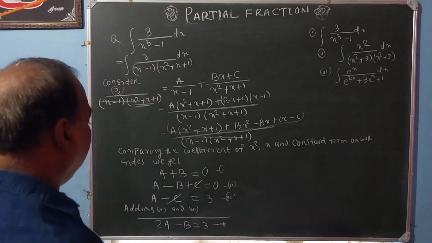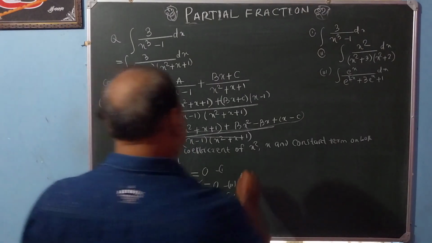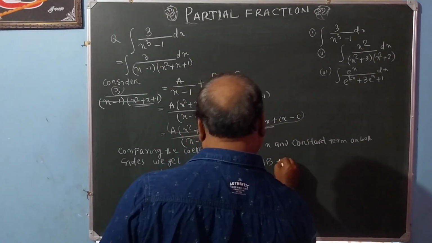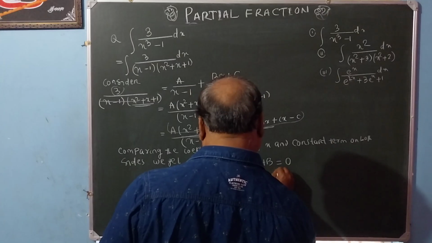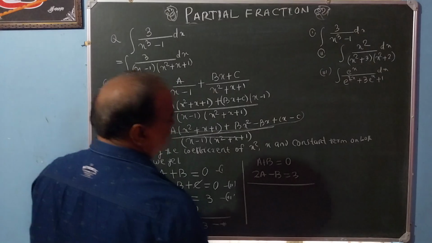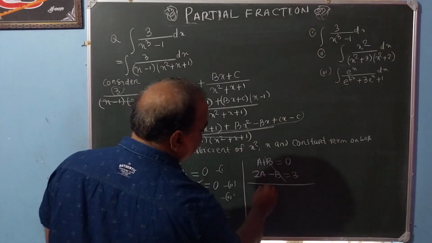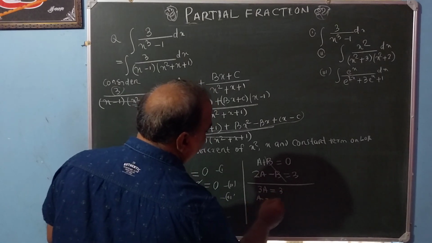Now with the help of these two: a plus b is equal to 0, and 2a minus b is equal to 3. Adding, we get a plus 2a, that is 3a is equal to 3, so a is equal to 1.